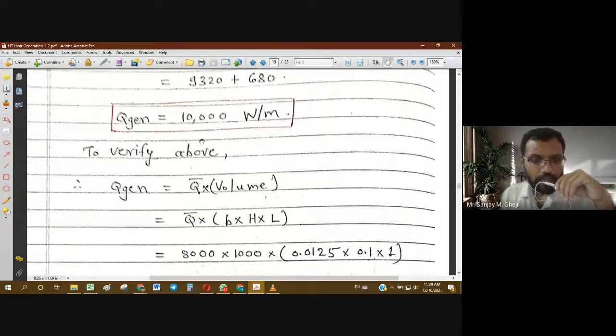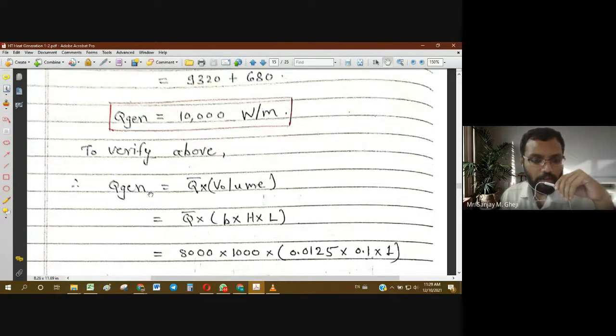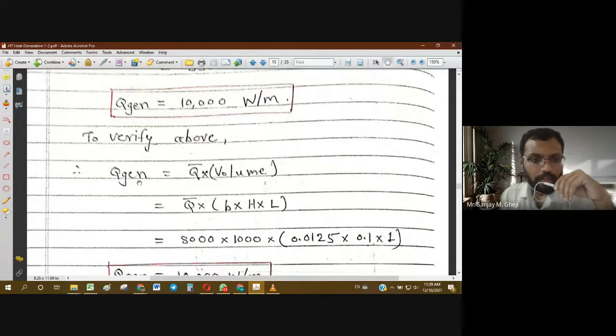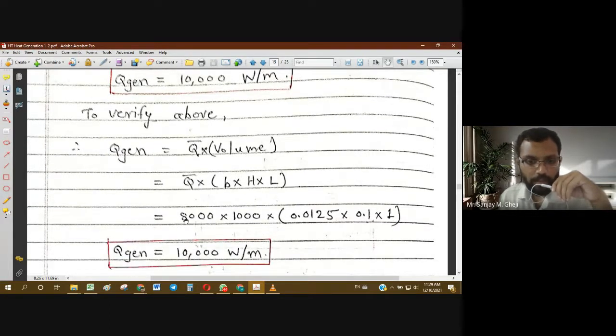So just to check and confirm whether it matches with the heat generation rate or not, we calculate that Q generation is equal to volumetric heat generation rate into total volume of the plane wall. So q bar is 8 kilowatt per meter cube, that is 8 into 1,000 watt per meter cube, into volume.